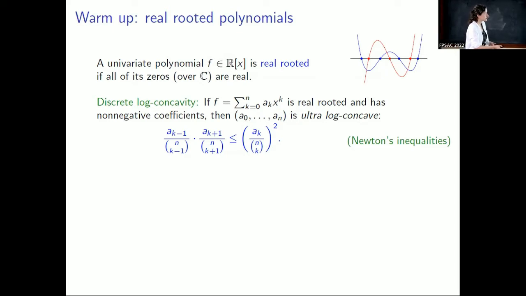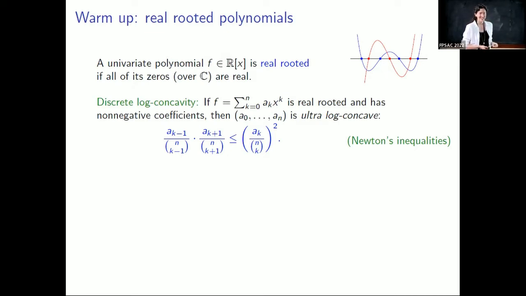And this is also called Newton's inequalities. So if a_k is the coefficient of x to the k, and you divide the kth coefficient by n choose k, then what you get is that these coefficients scaled by the binomial coefficients are log-concave in this way. They satisfy the following binomial inequalities.